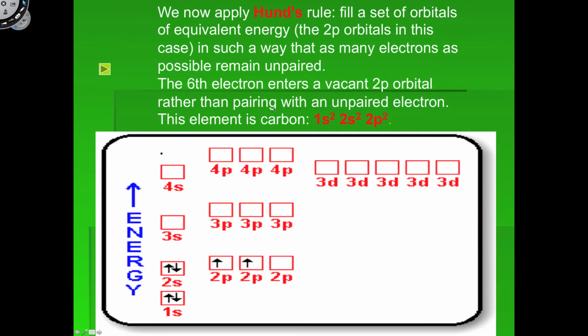Now, Hund's rule. You'll notice that for carbon, which has 6 electrons, we fill up our 1s, then we fill up our 2s, and that's 4 out of the 6 electrons. So there's 2 extra electrons. Well, we know they go in the 2p. I can see that by the electron configuration. But how do I fill them up here? Well, the electrons will not pair unless they're forced to.